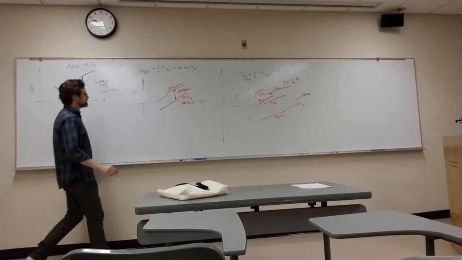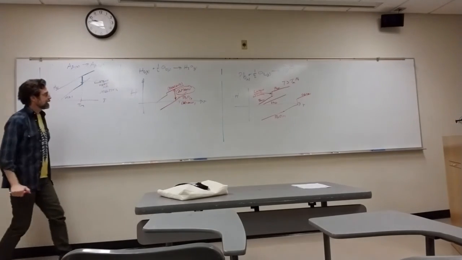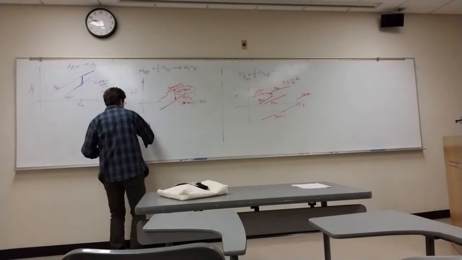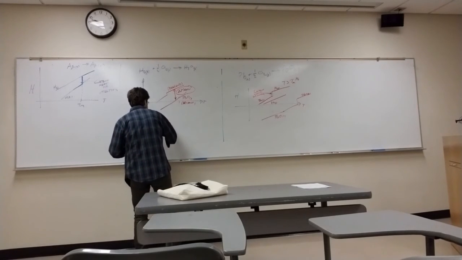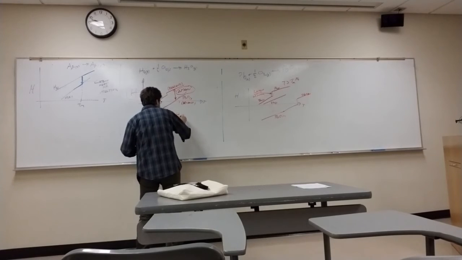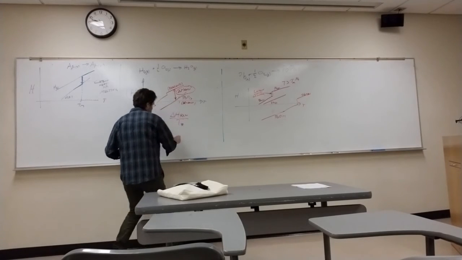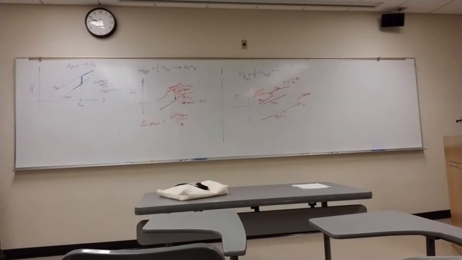Side note here, delta H of reaction. How do you get the delta S of reaction? Well, delta S reaction is delta H reaction over T star. So T star is the temperature where the reaction occurs.